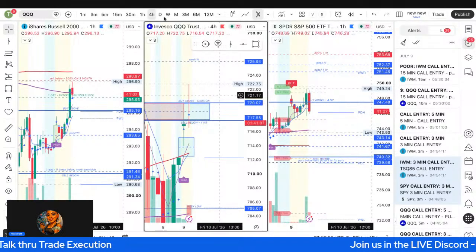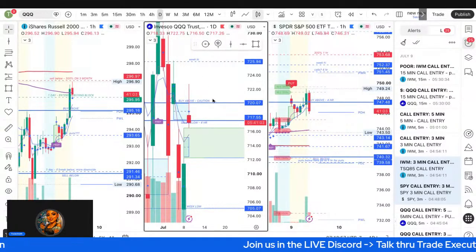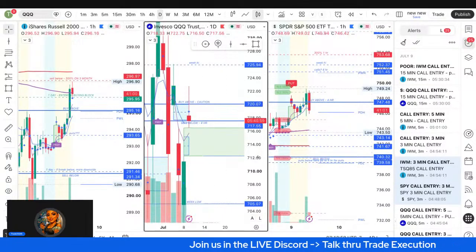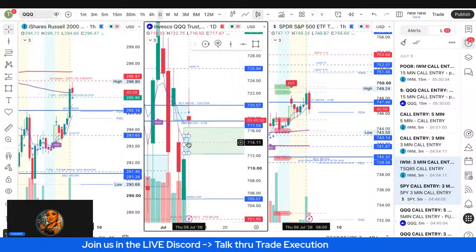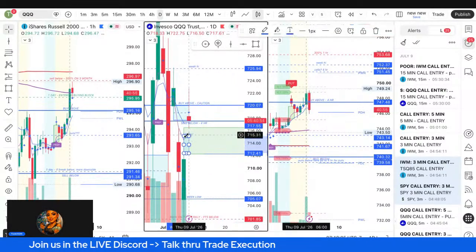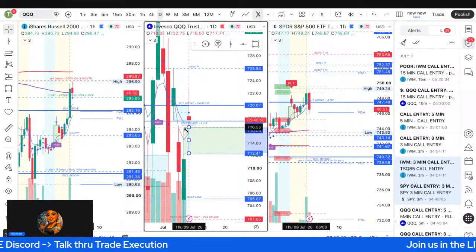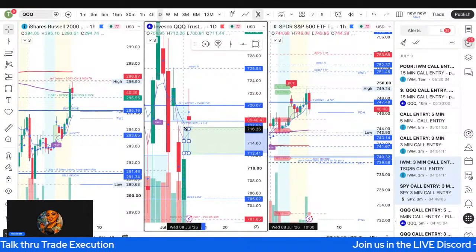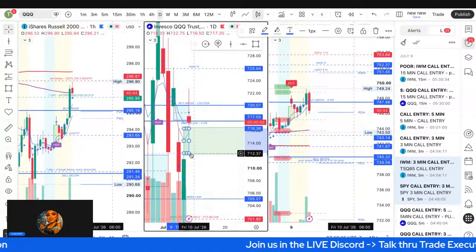See what's happening on the higher time frame. You have buyers who step in. Oh, there we go. That's what we're looking for. Now this is interesting. We have a 1-day gap. I'm not sure why I missed that, but we should gap up. And so you have a whole bunch of orders down here that need to be filled.